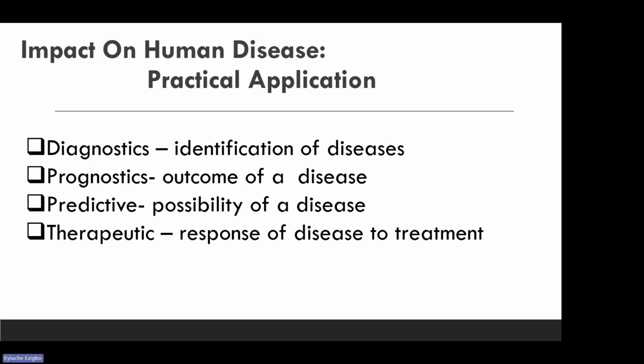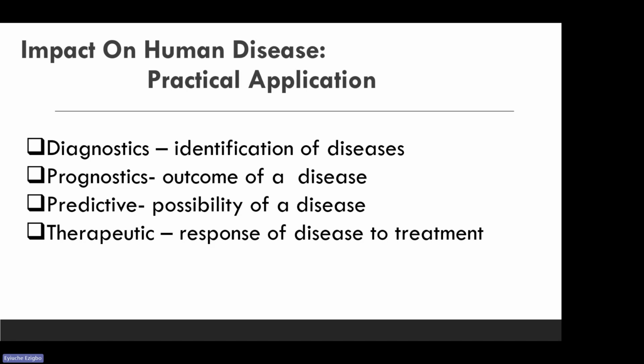This patient may not respond well to this treatment depending on their genetic makeup. It can also help you to predict that this person with this genetic makeup is predisposed to having this disorder.